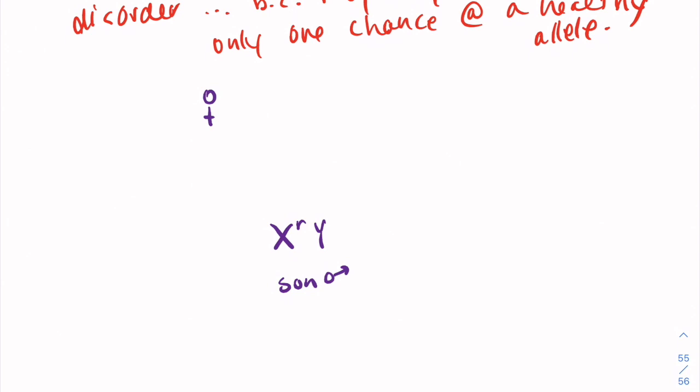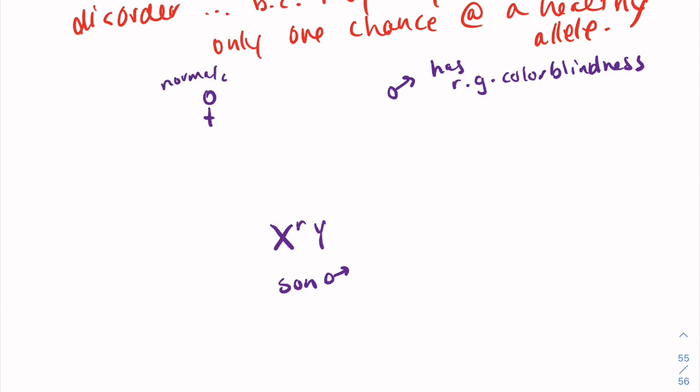And she's like, "Yeah, his father has red-green color blindness too." And we're like, "Are you red-green colorblind?" She's like, no. So she has normal color vision.